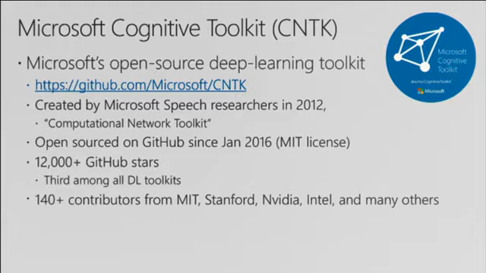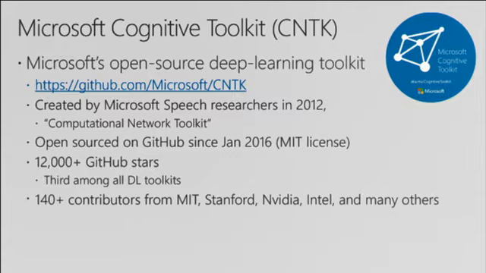So this is the toolkit that was built by the same set of researchers at MSR. We decided to open source this toolkit. It was first open sourced on Codeplex in April 2015, and then we open sourced it on GitHub with a much more permissive license, MIT license, in January 2016.